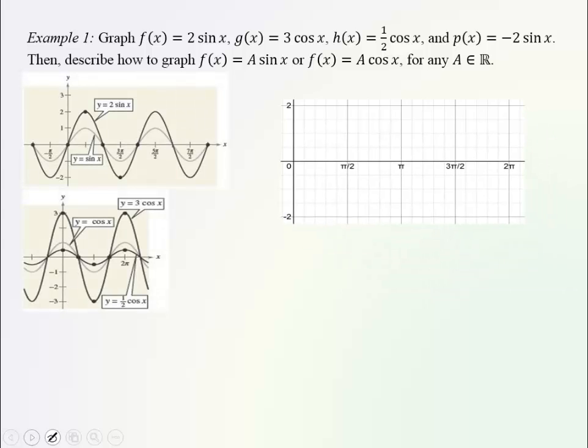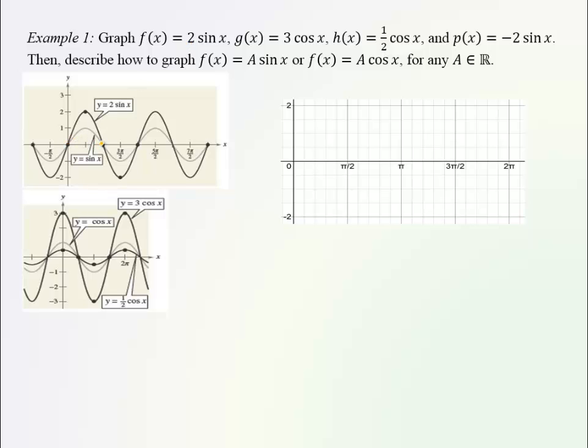Now we want to investigate how multiplying the basic function sine or cosine by a certain constant influences the graph. So if we want to graph 2 times sine x, we may start with the basic function sine in a full period from 0 to 2 pi and just multiply the function by 2.